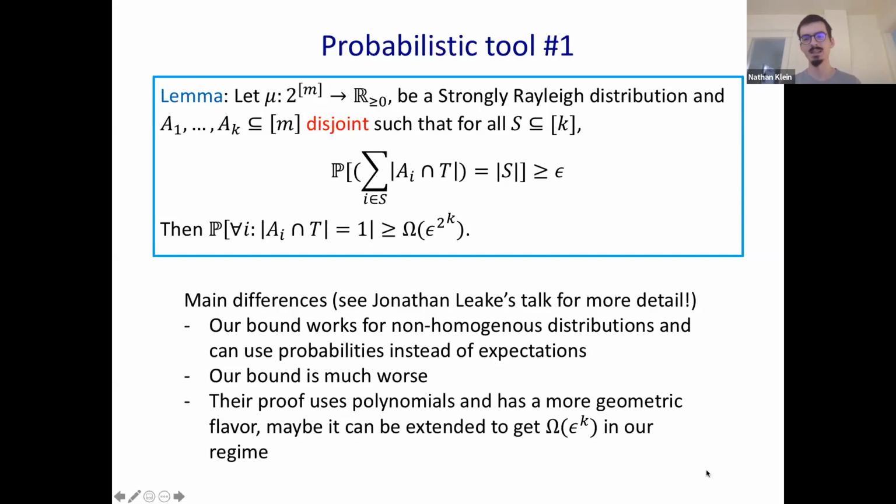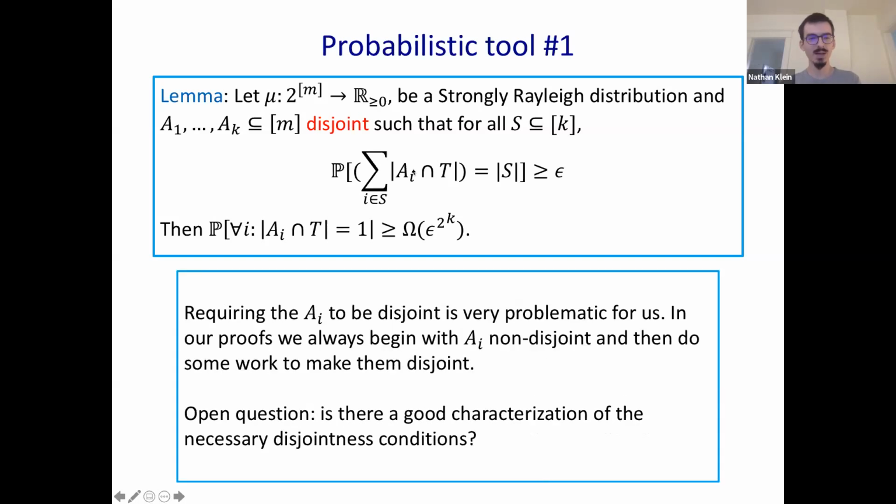And I want to point out that requiring these sets to be disjoint is a huge issue for us. In fact, they're never disjoint in our applications, as we're always talking about a collection of cuts that all share a particular edge that we want to get a local condition for. So basically, we always end up doing some strange kind of manual work where we first do some conditioning to make these sets disjoint, and then we apply this theorem.